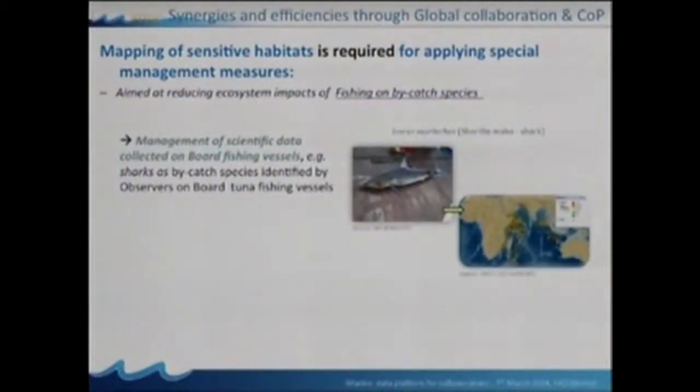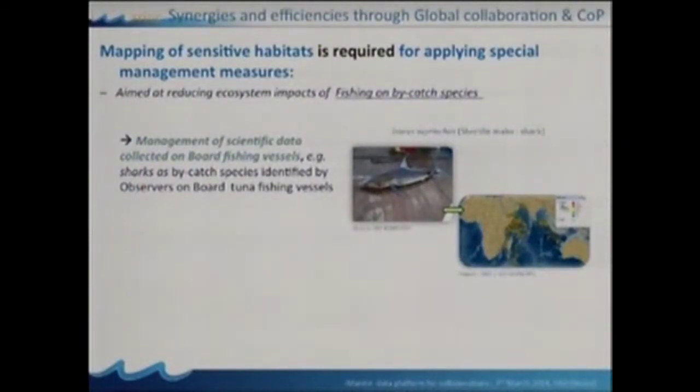On pelagic species, such as what you have in tuna fisheries, the mapping of sensitive habitats is aimed at reducing ecosystem impacts, for example, on bycatch species such as sharks, seabirds, turtles, dolphins. And you have sightings or observations on board of these vessels that can be collated.